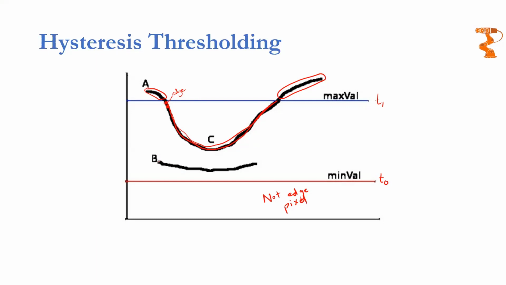But what is going to happen over here? When we start from this point, there is no neighboring pixel that is already an edge. So this portion will be regarded as a non-edge portion and it will be deleted. So it will not be an edge.